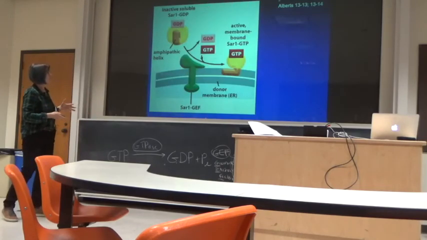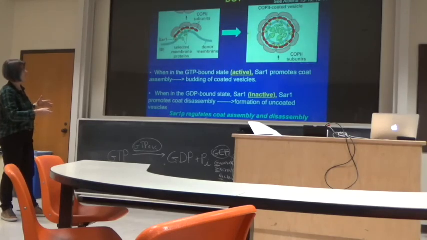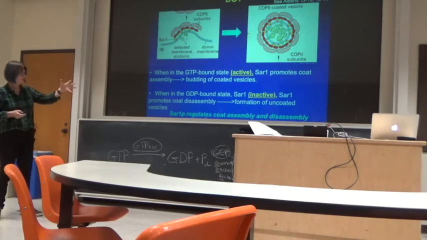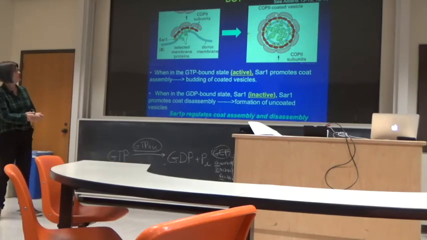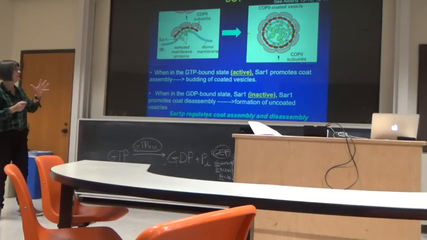So once in this vesicle, what makes the SAR1 turn off? It turns out there's weak GAP activity, that's the word I'm looking for, weak GAP activity.